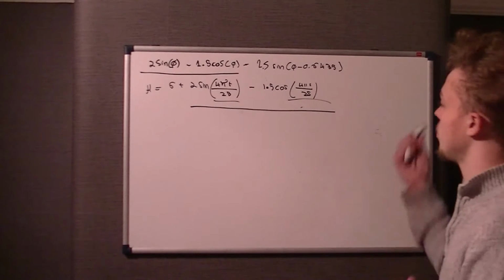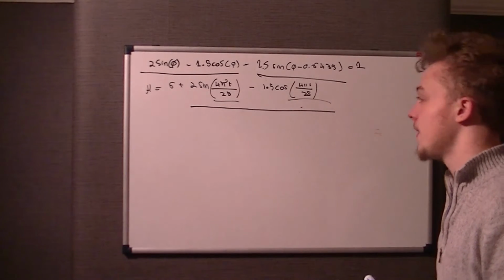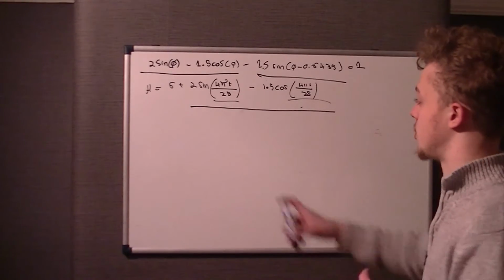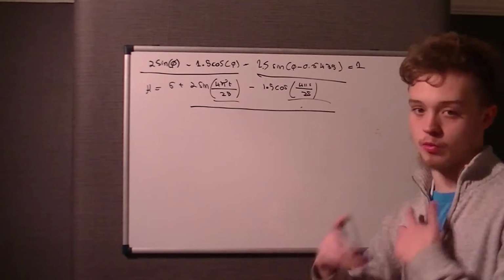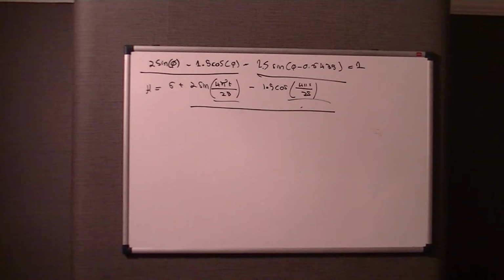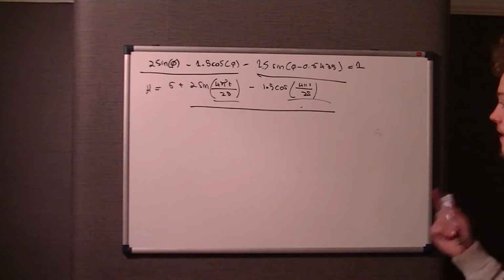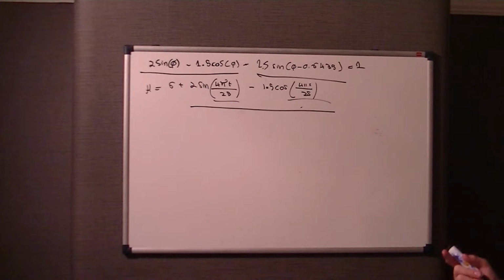In other words, when this is equal to 1, because we said that 2 sine theta take 1.5 cos theta, where we replaced theta with 4 pi t over 25, is equal to 2.5 sine theta take 0.6435.